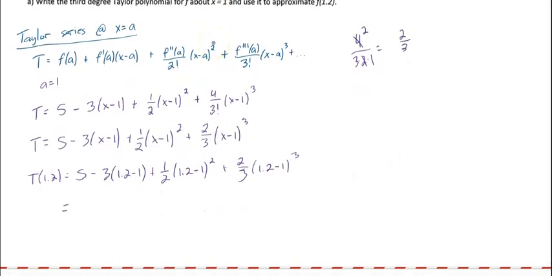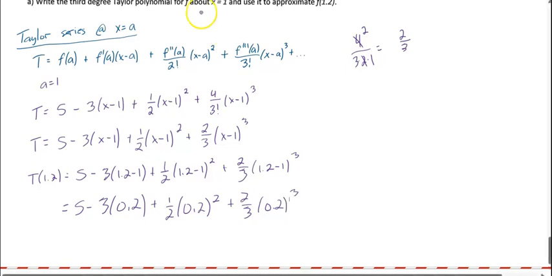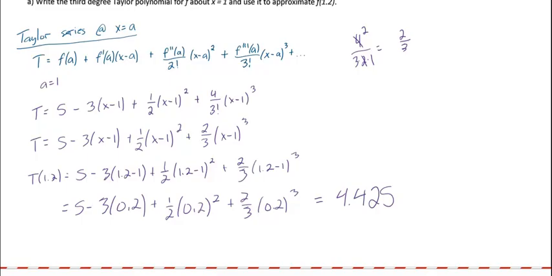So that is equal to 5 minus 3 times 0.2 plus 1/2 times 0.2 squared plus 2/3 times 0.2 cubed. And this is where we go to a calculator, so we'll type it in. I plugged it in my calculator, and I got 4.425. That's 3 decimal places. It becomes a repeating decimal afterwards, so I'll bring one more and write the 3 with the little bar over it.